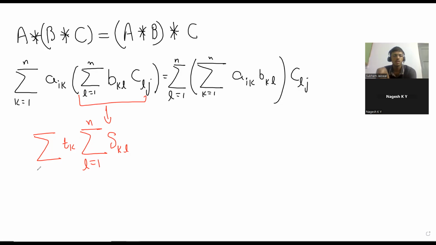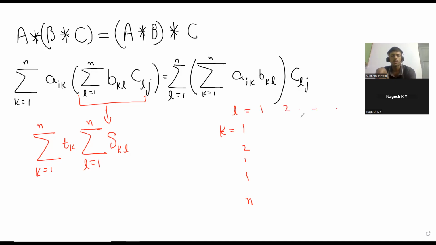We are taking the K from 1 to N. So you fix a K: this is K equal to 1, K equal to 2, K equal to N. I'm just trying to see if I can find a simple reason to say in one sentence why it happens. So this is where the K varies, and let's say the L varies in this way.